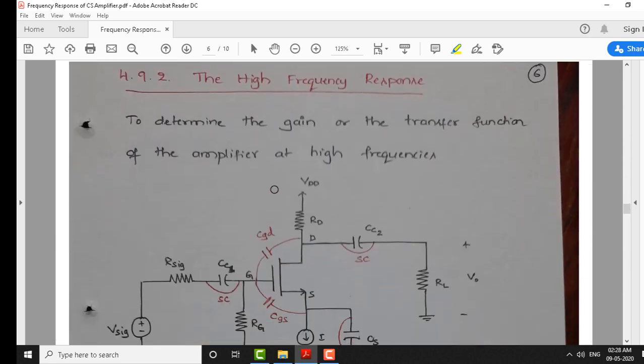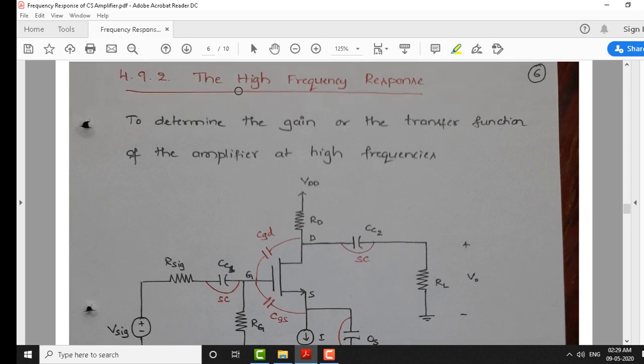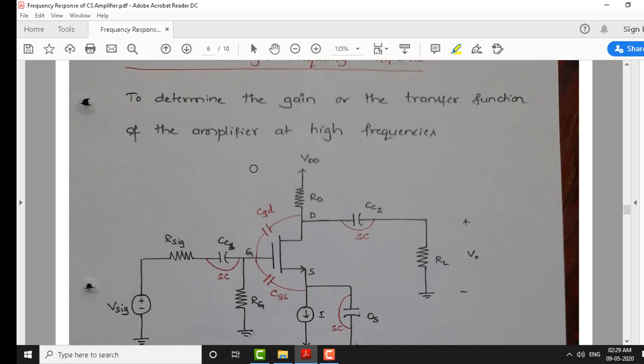Now let us discuss more details of the high frequency response of the common source amplifier. To determine the gain or the transfer function of the amplifier at high frequencies, we go for high frequency response. Now let us see the behavior of various elements at high frequencies.